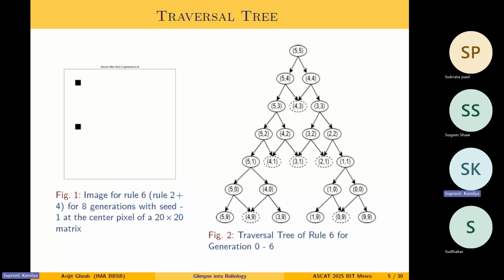Again applying rule 6 in this second generation, due to rule 2 an image has formed at position 5,3, and due to rule 4 another image has formed at 4,3. Similarly, from 4,4 we get 2 values formed at the respective pixels 4,3 and 3,3.